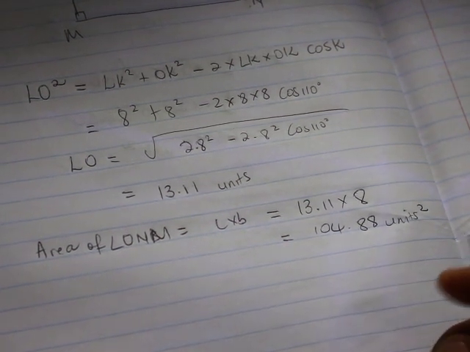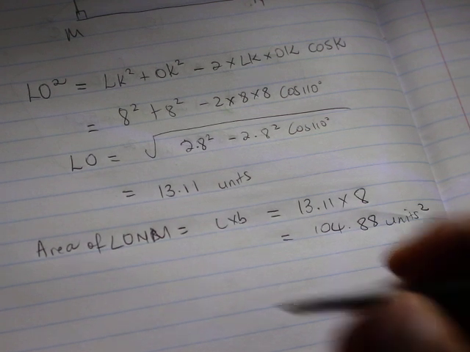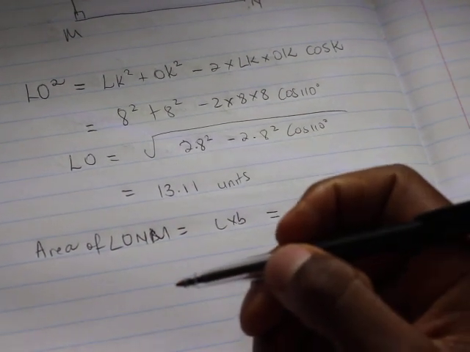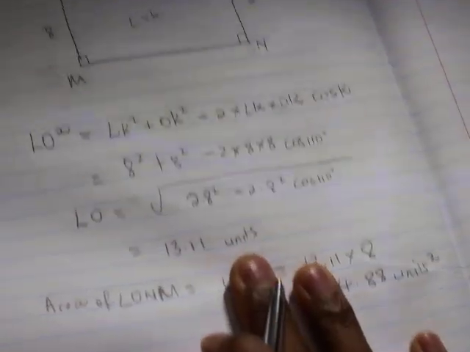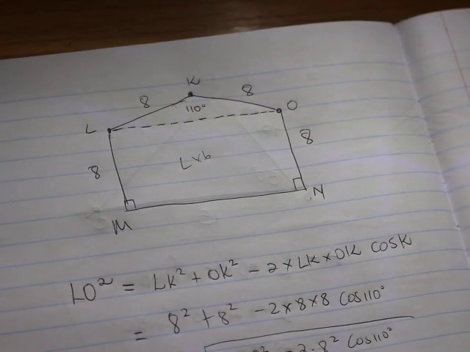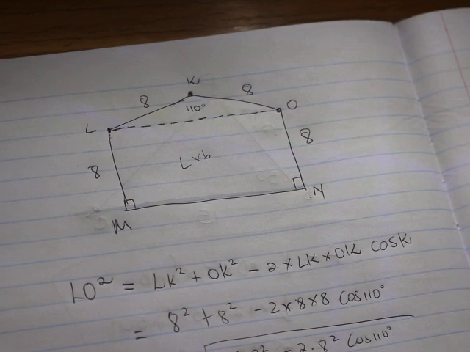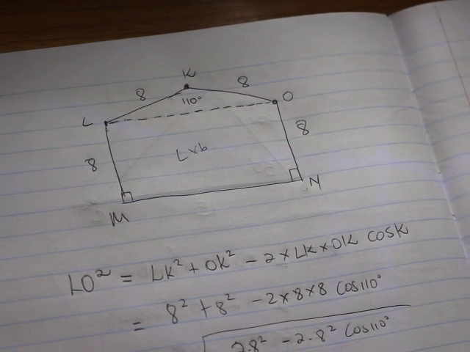Now we need to find the area of the triangle. All right, so we already got what we need. We've got two adjacent sides with known lengths. We also have the included angle between the two adjacent sides, so we're ready to find the area of that triangle.